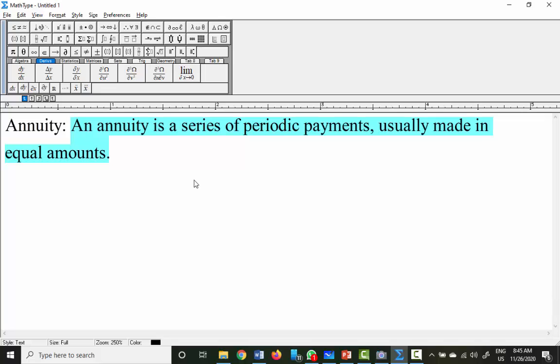It can be a monthly, daily, semi-annual, quarterly, or annual payment. If you have multiple payments paid or received at equal intervals, we will call it an annuity, right? There are different kinds of annuities.